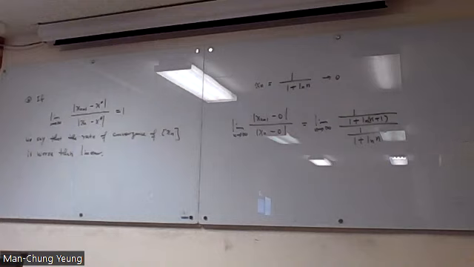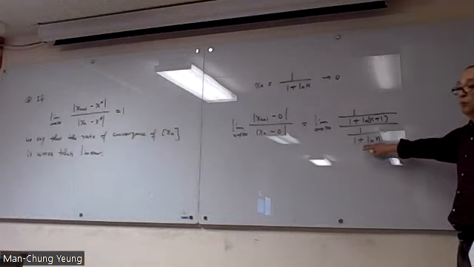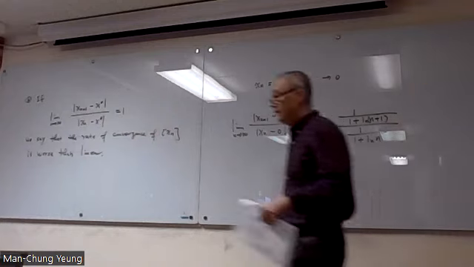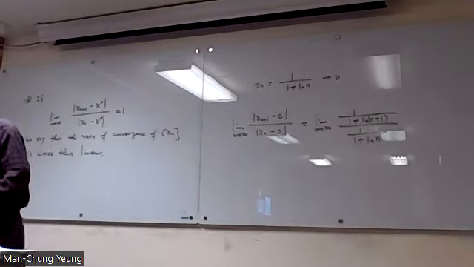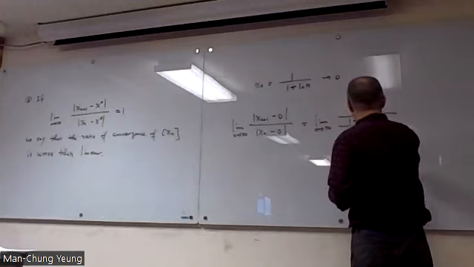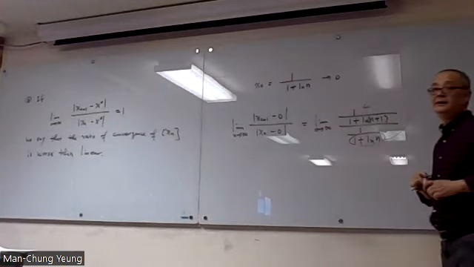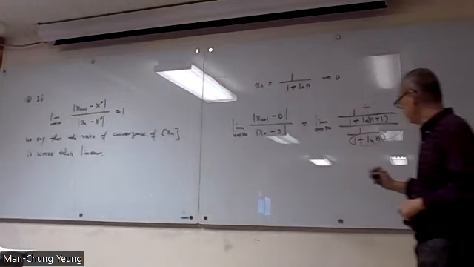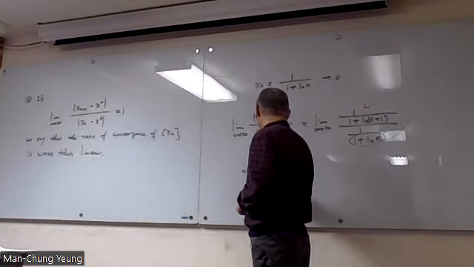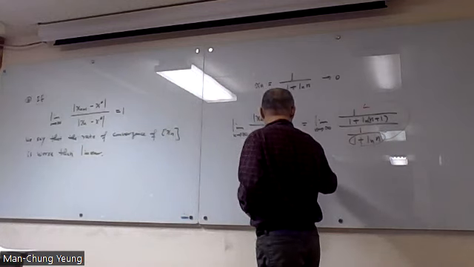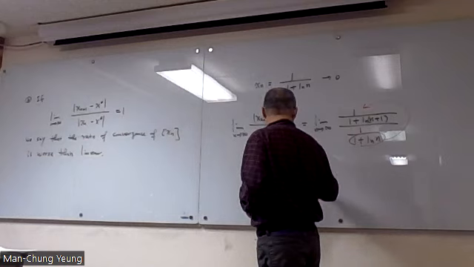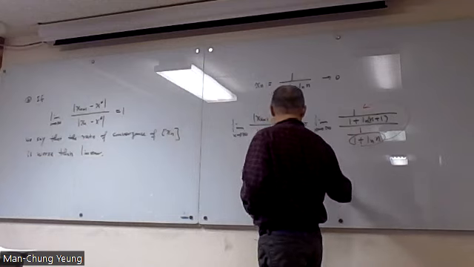Now move 1 plus ln n to the top. So this is the limit as n approaches infinity of (1 plus ln n) over (1 plus ln(n+1)).